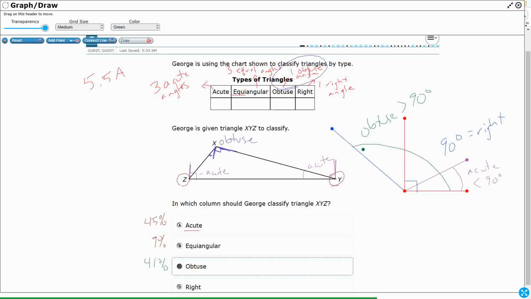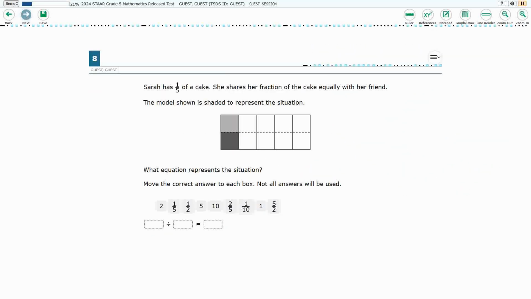So more students chose acute than chose obtuse, and then not many students chose right. So I think we know that. So that's the good news, 5%. We know what a right angle is, but obviously we need to spend a little bit of extra time looking at the difference between acute angles and obtuse angles, and then how those acute angles and obtuse angles help classify obtuse triangles and acute triangles.